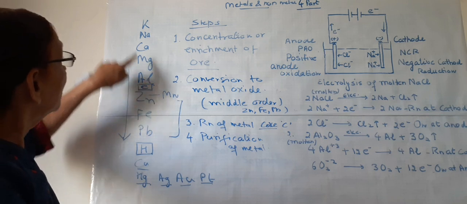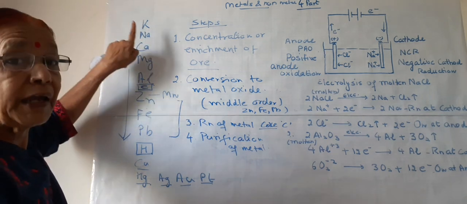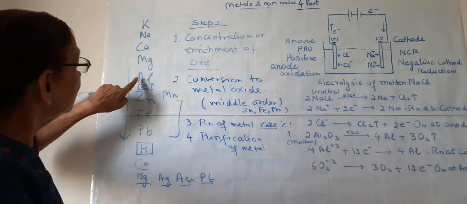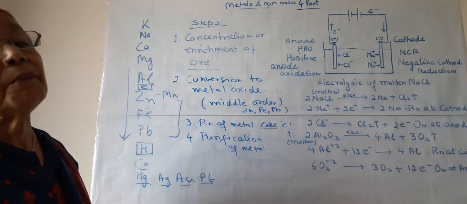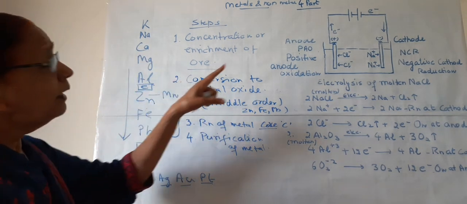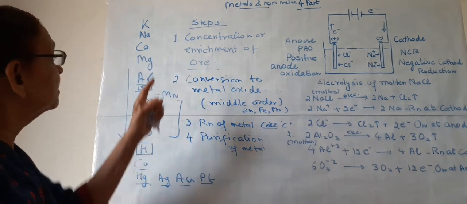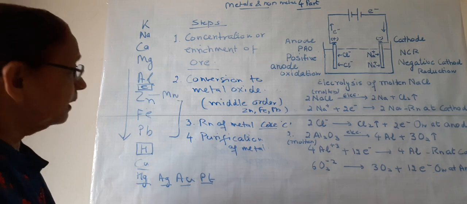So carbon cannot be used for reduction of all these 5. That's why they are being extracted by electrolytic reduction. Their reduction is done by electricity or electrolysis. So they are extracted by electrolytic reduction.